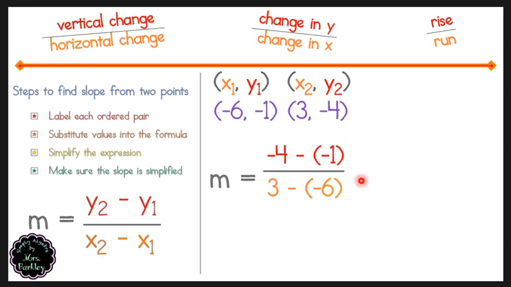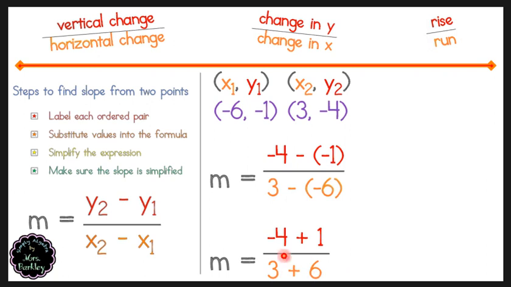Then we would have that divided by our x sub 2, which is 3, minus our x sub 1, which is -6. We can then simplify this: our slope is equal to -4, and we have the opposite of -1, so that minus negative, we can rewrite as the addition of 1, divided by 3 minus -6, or the opposite of -6 can be written as 3 plus 6.